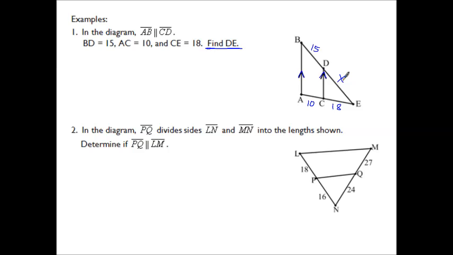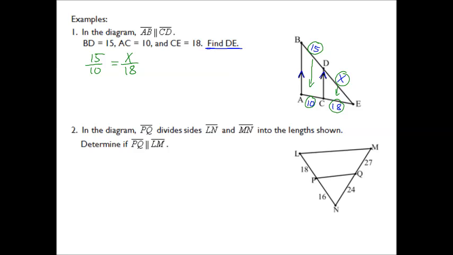Now let's go and set up a proportion. We can do that different ways. We can relate 15 to 10. So 15 over 10 has to be equal to X over 18. And then we go ahead and solve that proportion.